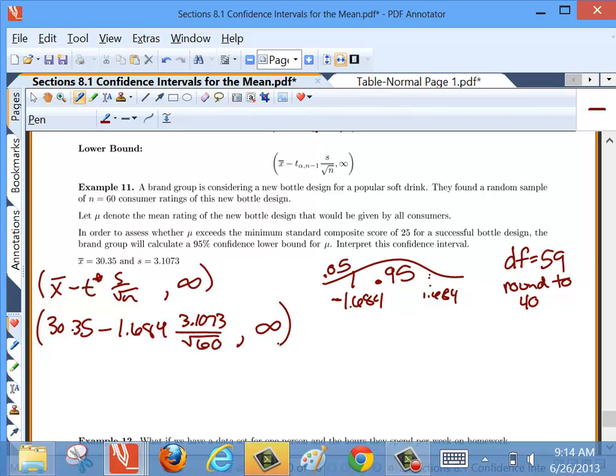Okay, so you can try and worry about whether you need a minus or not. By default, the critical value is always positive. Just make sure if you have a lower bound, then you use a minus, and if you have the upper bound, it should be addition.